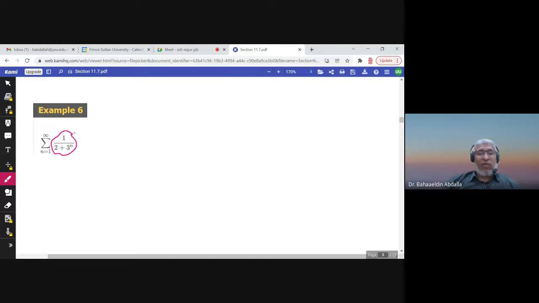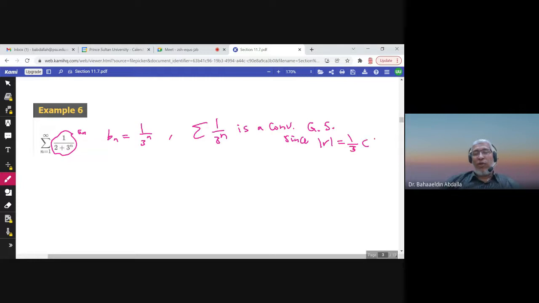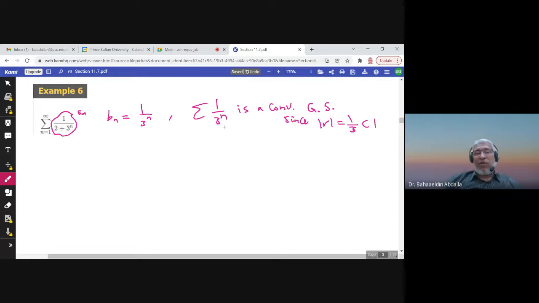So if this is an, and if I take bn as 1 over 3 to the power n, I know that summation 1 over 3 to the power n is a convergent geometric series, since absolute value of r is equal to 1 over 3, which is less than 1. So this is a convergent geometric series.